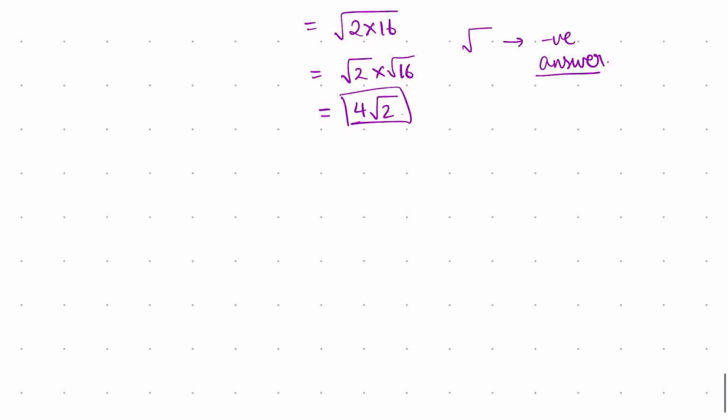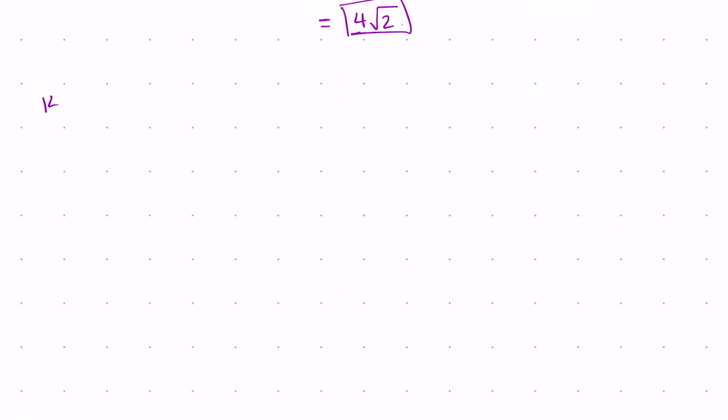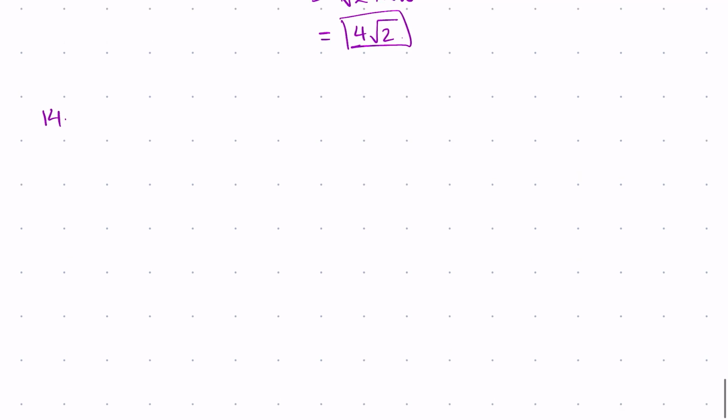Okay. So we move on to question number 14, which is also from coordinate geometry. So find the coordinates of the point which divides the join of the two points in the ratio. Okay, so 2 points are joined.